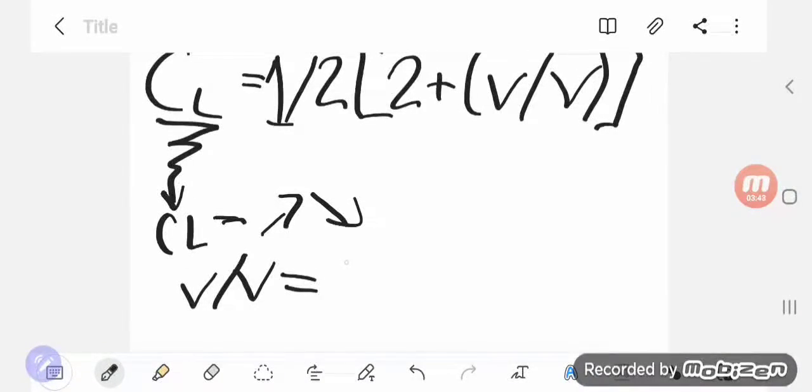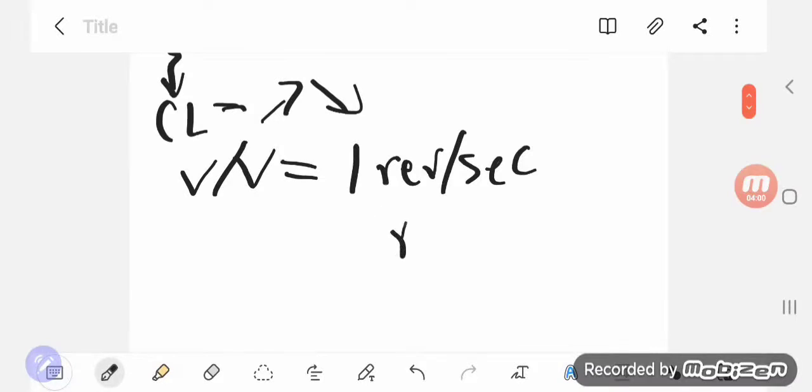That's how much the ball spins. V/V is how much the ball spins. So 1 revolution per second equals 6.28. What does it equal 6.28? No idea, but it equals 6.28 of something.